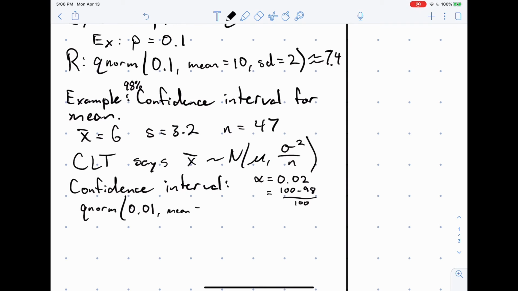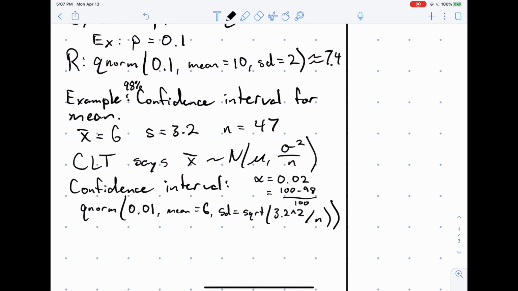Mean equals 6. SD equals the square root of the standard deviation squared divided by n. You're plugging in exactly this formula, so you can take the square root of 3.2 squared, divided by n. You could do it other ways too. You can type exactly this into R and you should get the answer.